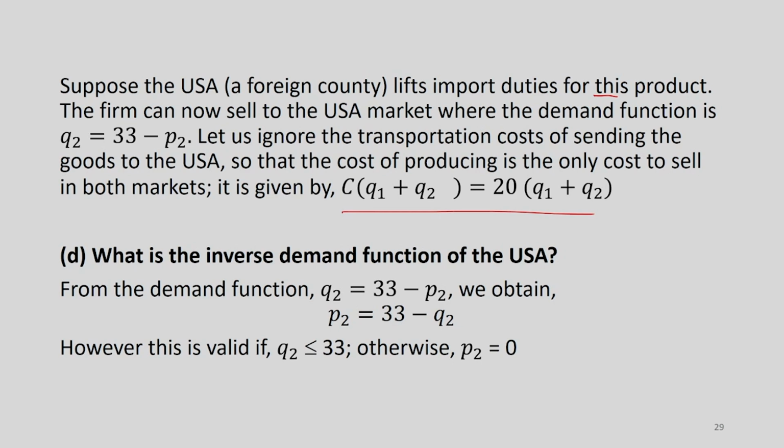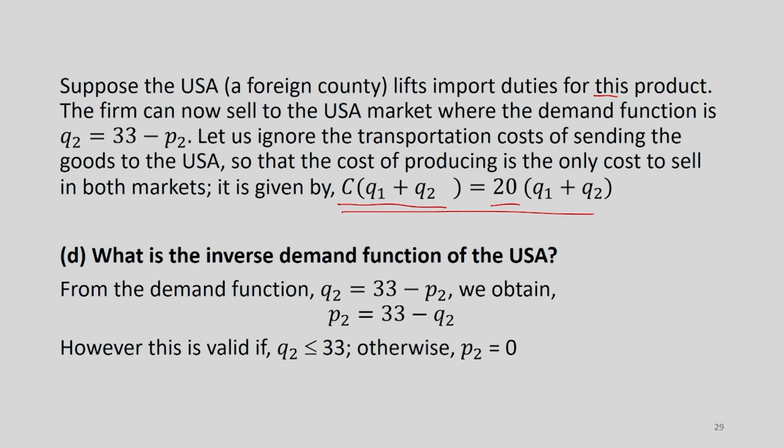So, we are ignoring the cost of sending the goods to the foreign country, and the cost is just 20 maybe rupees per unit, right, and there is no fixed cost. So, the total cost of producing Q1 plus Q2, total amount of output, is equal to 20 multiplied by (Q1 plus Q2).